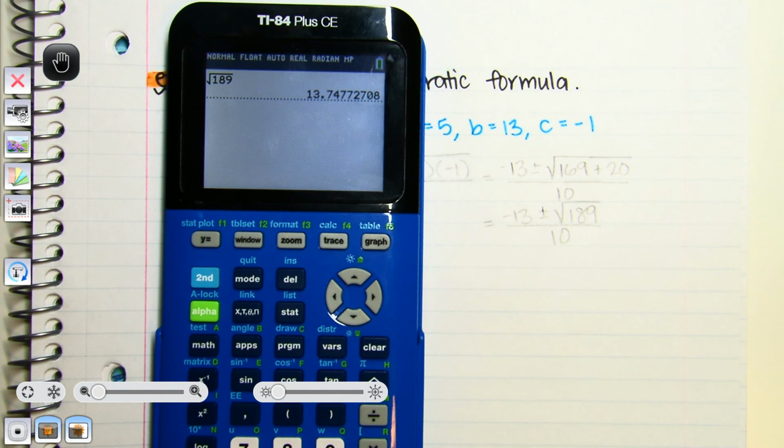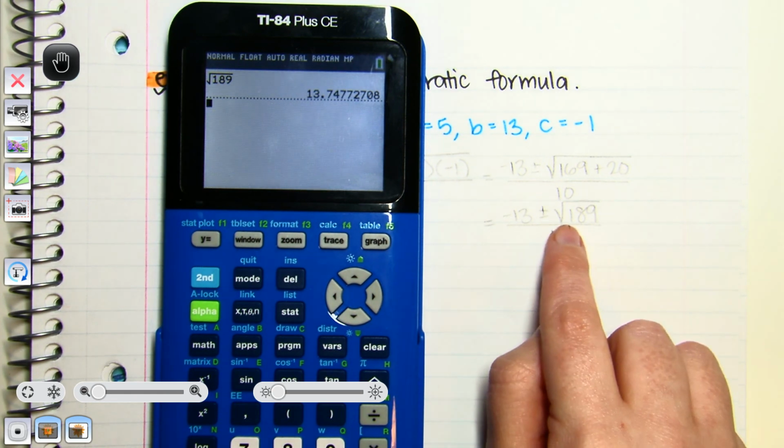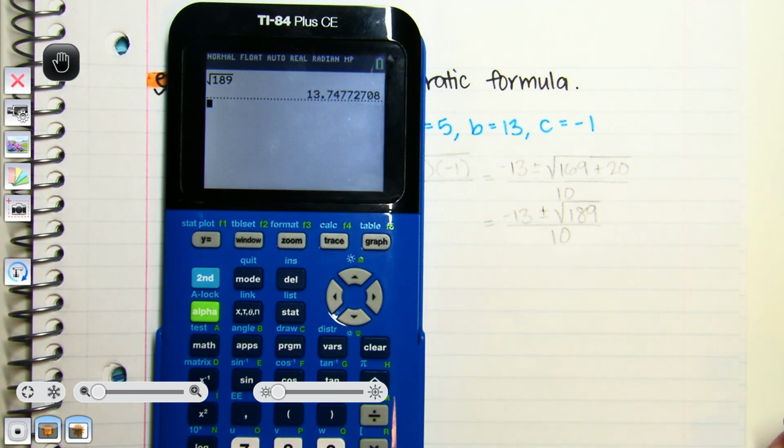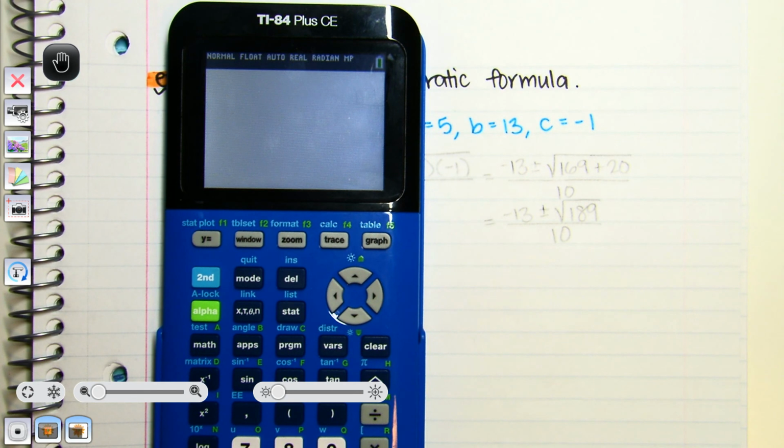But I don't really have anything that comes to mind right away of what goes into this. I know that 2 does not go in because it's not even. If I use the trick with the 3's, I know 3 will go in because 1 plus 8 plus 9 is 18, and 3 goes into 18. But I want to show you a little bit better way. So 189 divided by 3, it does go in evenly.